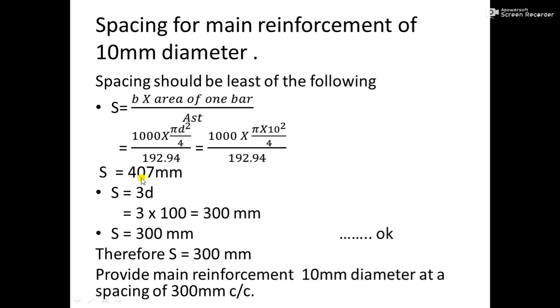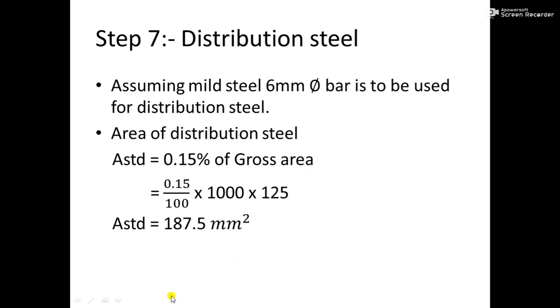So spacing is 407 mm, and this spacing must be taken as the minimum of 3d or 300 mm. That is 3 into d, where d is the effective depth, that is 300 mm or 300 mm. So here the spacing is 407 mm, but the minimum spacing required is 300 mm. So we have to provide 300 mm, not 407. Therefore S is equal to 300 mm. Provide main reinforcement 10 mm diameter at a spacing of 300 mm center to center.